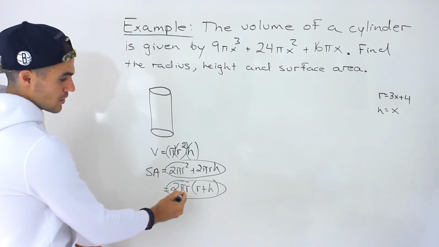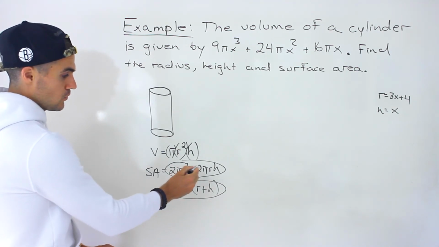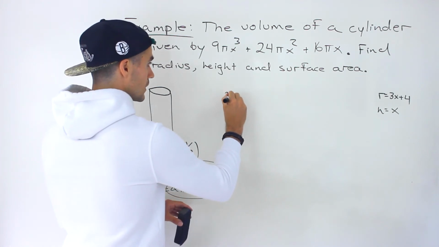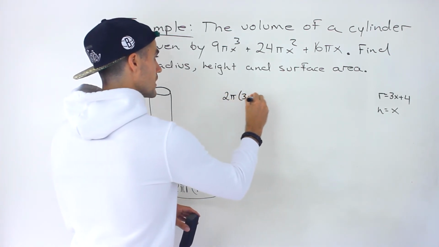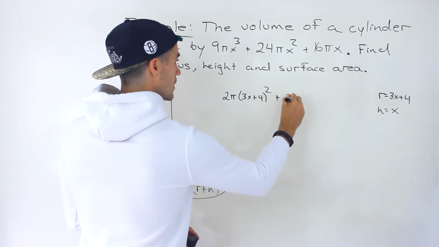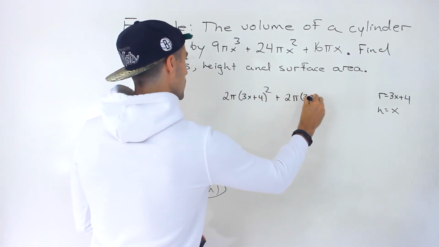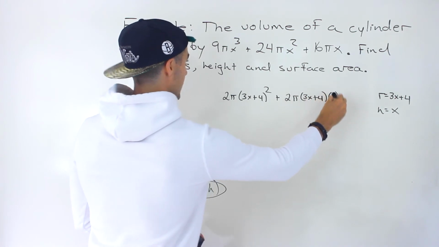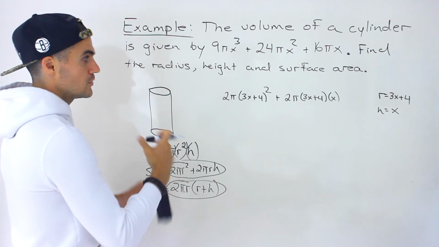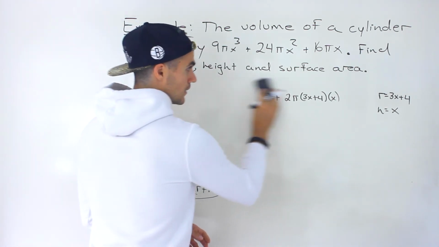Over here, it's already nicely factored for us. But if you want, you could plug it in here as well. If you use that first formula, you'd end up with 3x plus 4 squared, this r squared, plus 2 pi times 3x plus 4 times that h value. And then you could expand everything, and from there you can factor.